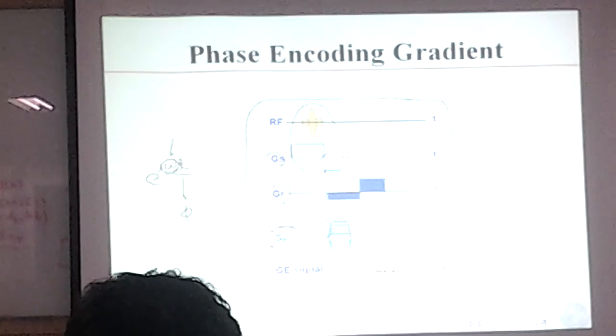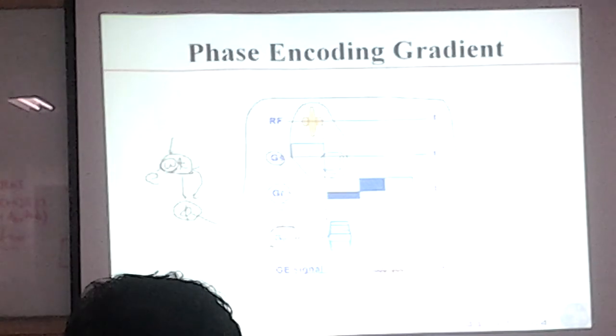But for the phase encoding gradient, the space information is encoded by omega t. That means the phase. So that's why I said the principle is the same, because they use the Fourier transform theory, right?